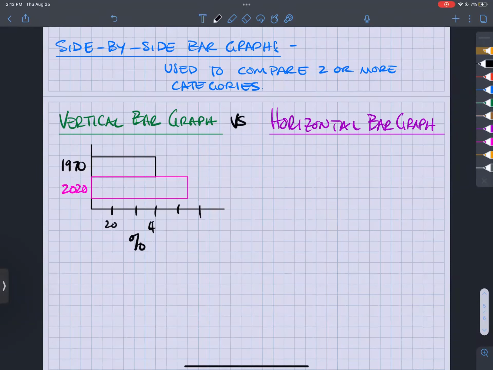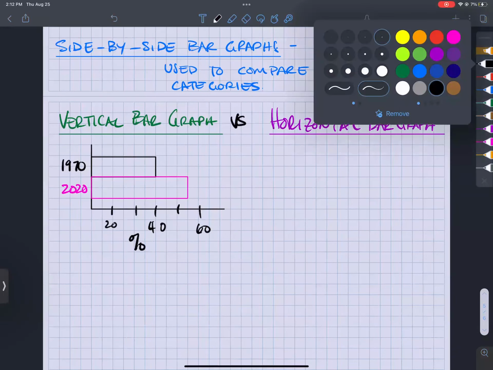So let's say on a vertical bar graph, why is it 80? Why isn't it 60? Right? So let's say that I have that. That would be the so-called vertical versus the horizontal.